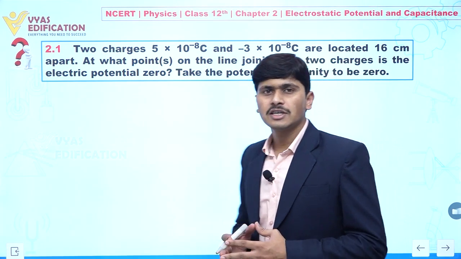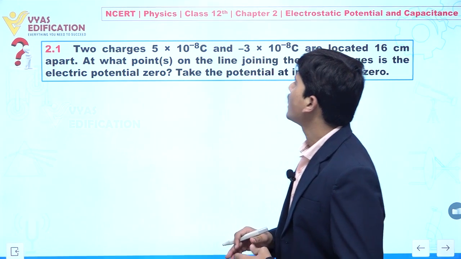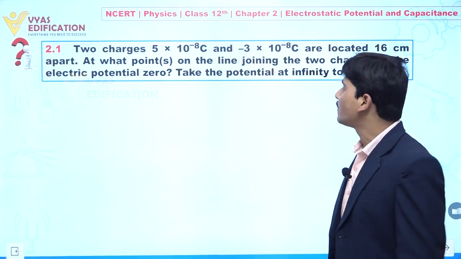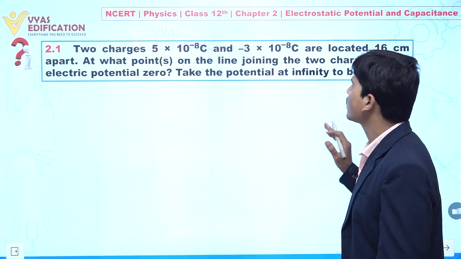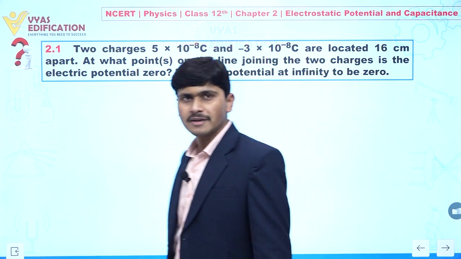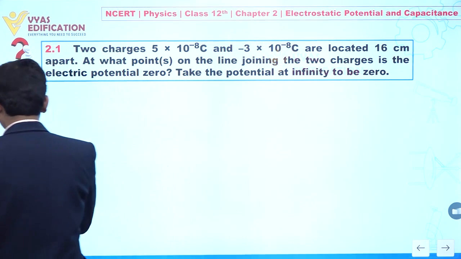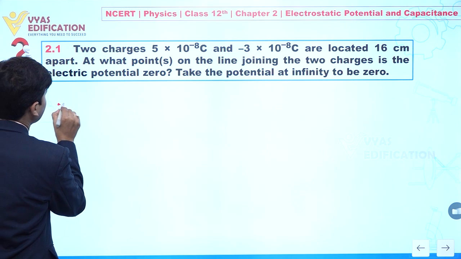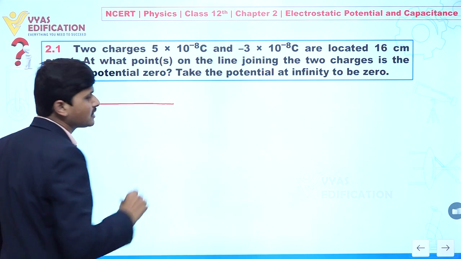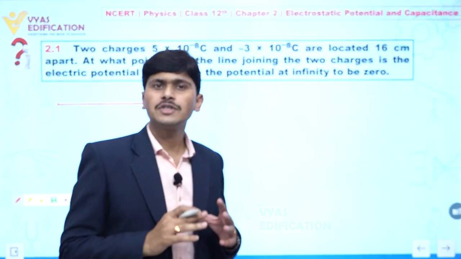In this question, two charges, 5 into 10 to the power minus 8 coulomb and minus 3 into 10 to the power minus 8 coulomb, are located 16 centimeter apart. Clear? So, let's suppose this is a line joining the centers of these two charges.